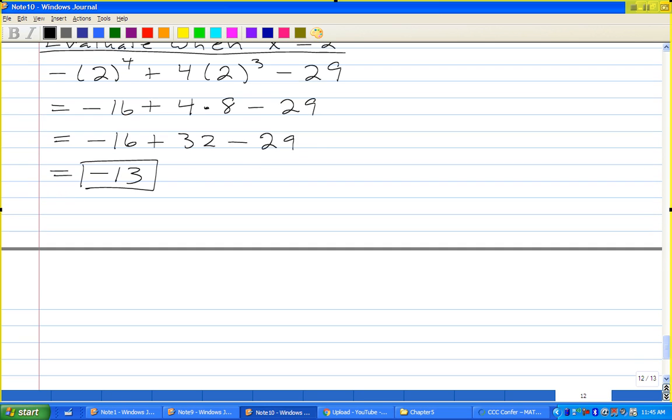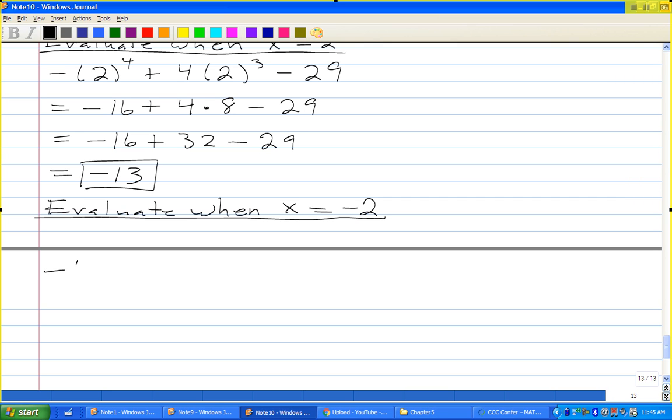Let's evaluate when x is equal to negative 2. So I have negative x to the 4 plus 4x cubed minus 29. Negative 2 to the 4th, 16.